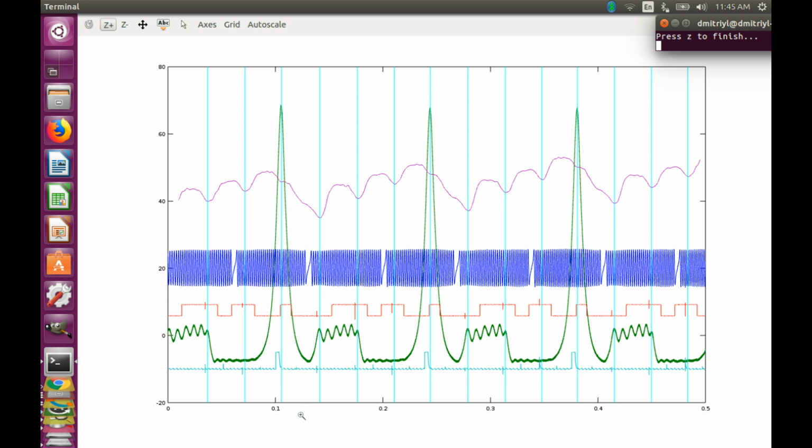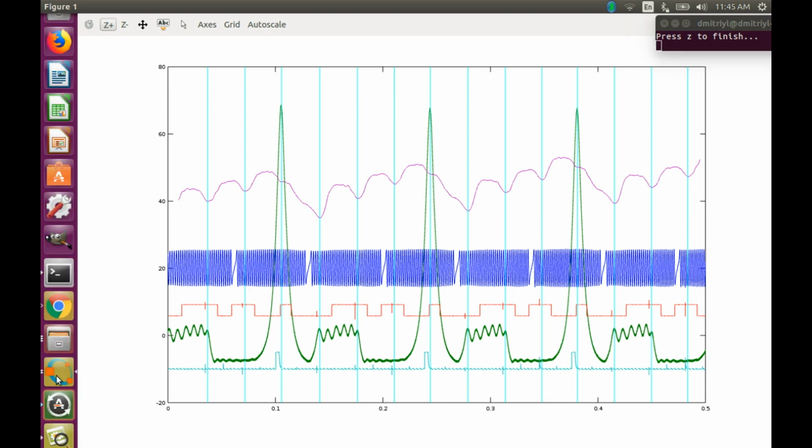Here we have the x-axis being the time in seconds. But what would happen if we used the angle from 0 to 720 degrees as our x-axis? Let's plot just that.